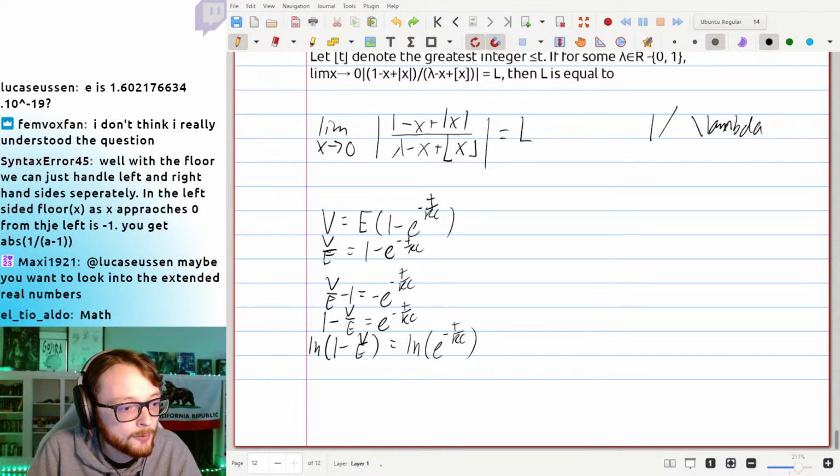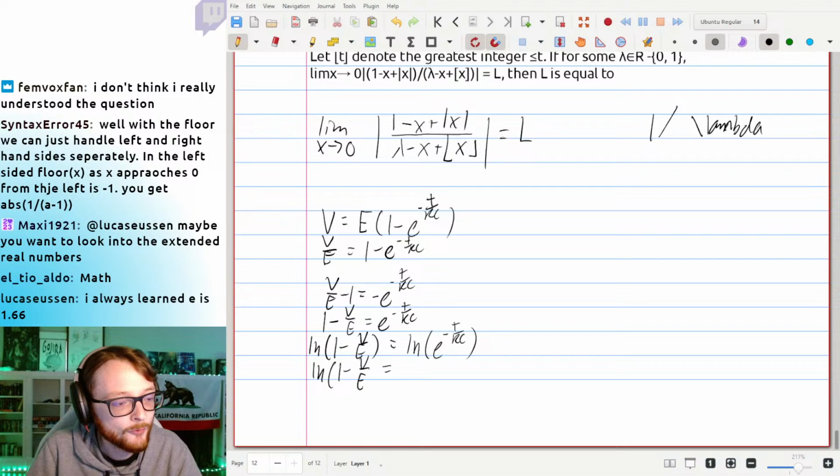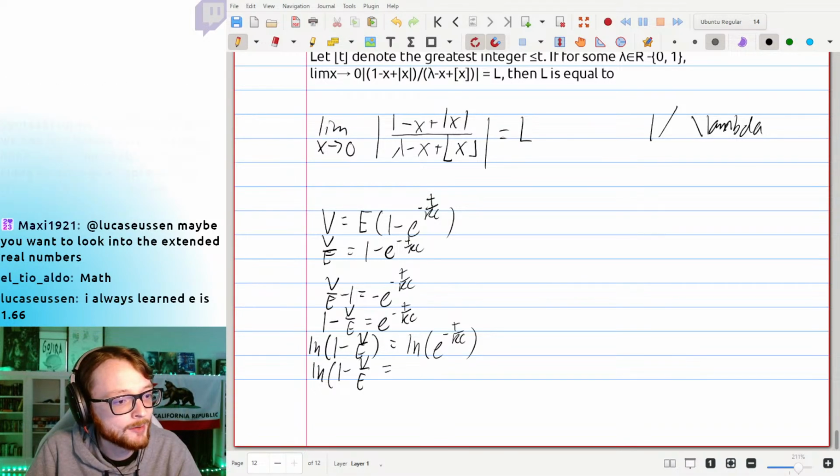Hey, LTO Aldo. And hey, Maxi. So ln of 1 minus V over E. That looks like the charge of an electron. This is a different E, Lucas. This E is Euler's number. Minus T over RC.